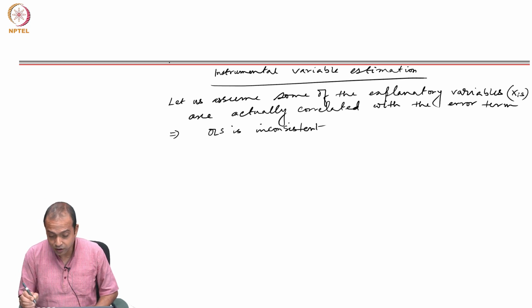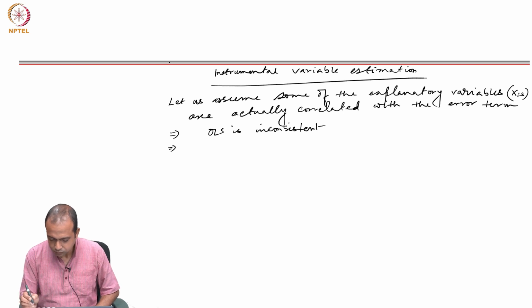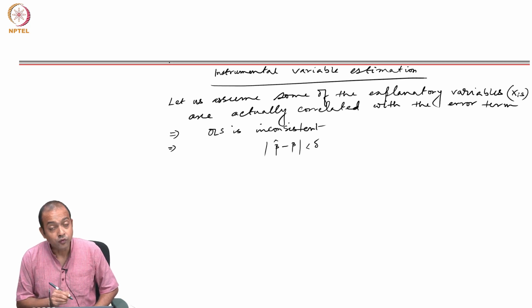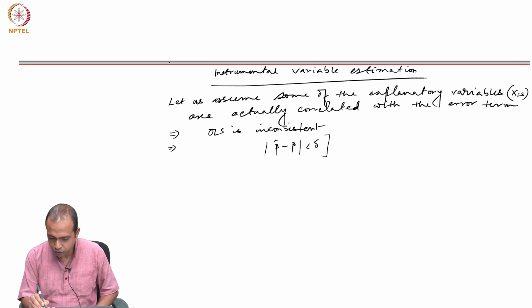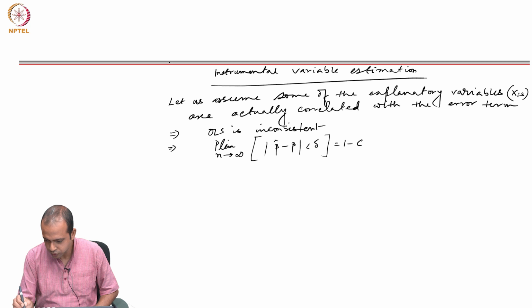Once again, if I recall, consistency means the difference beta hat minus beta should be very small, less than a small quantity delta, and the probability of getting such a beta hat when n tends to infinity equals 1 minus epsilon.